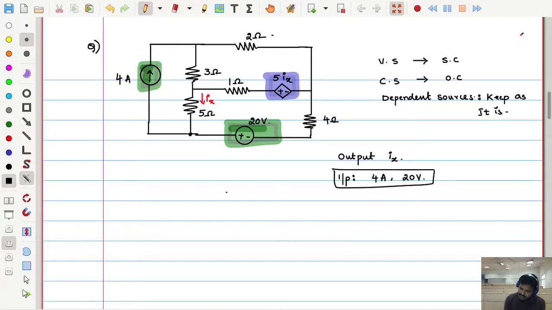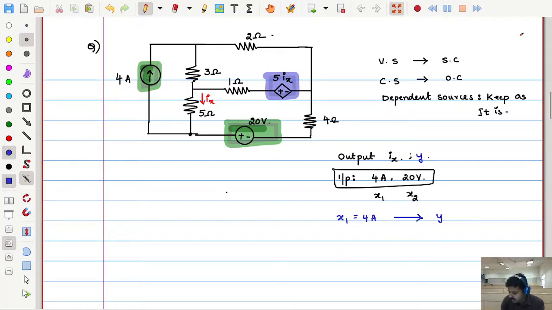Now from this point of view, you can recap our previous lecture. How many inputs are there? X1 is one input, X2 is another input. How many outputs? One output, which is Y. Now, when X1 is equal to some value, let us say 4 amperes, what will be its corresponding output?